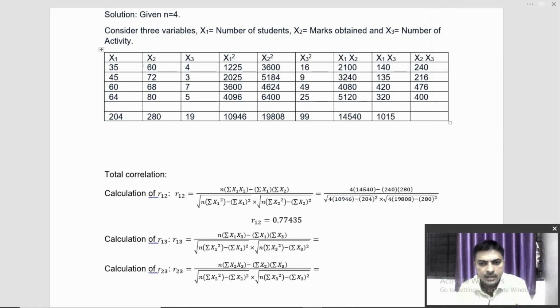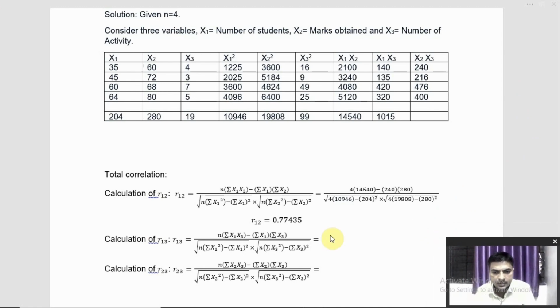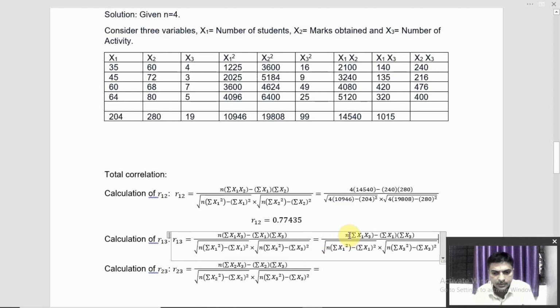We got the answer. Without changing any settings, what I'm going to do is substitute in this formula, one by one.